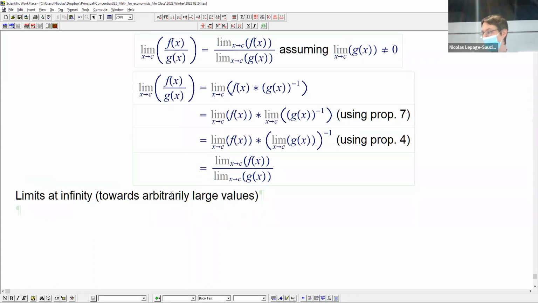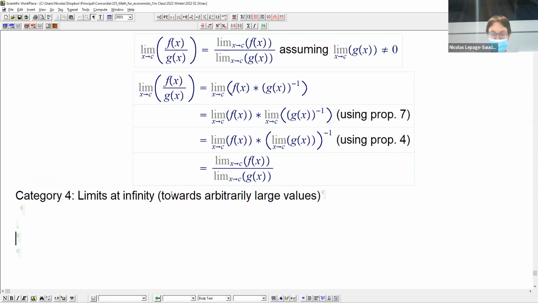Let me give you an example, and it's going to be pretty clear what you have to do. When x goes to infinity of 7x^3 plus 2x plus 1 divided by 3x^3.